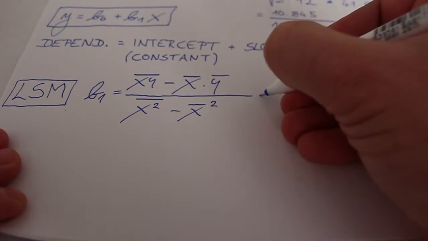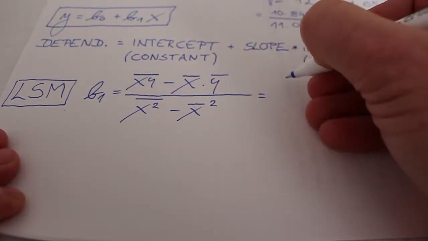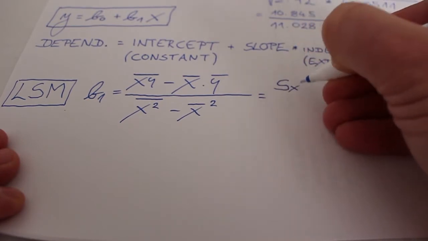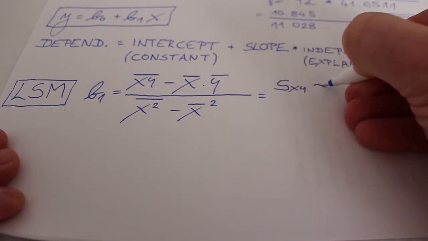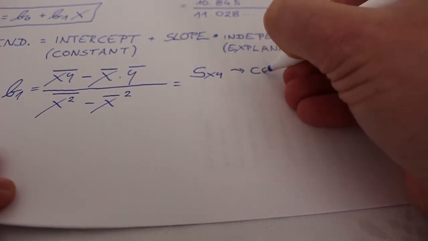If you rewrite this in another form, in the numerator you can find Sxy, which is the statistic covariance.